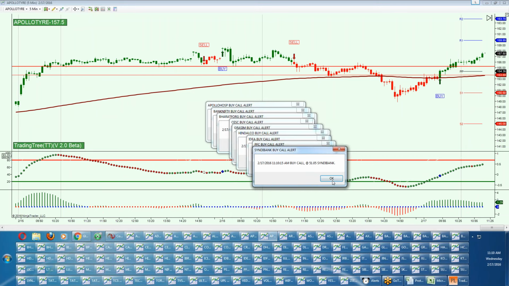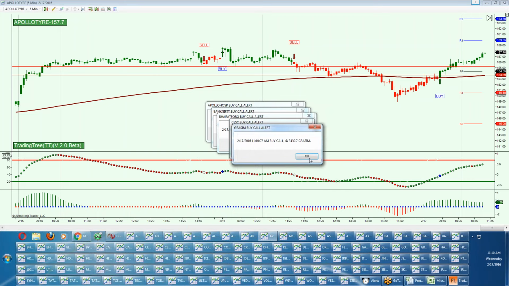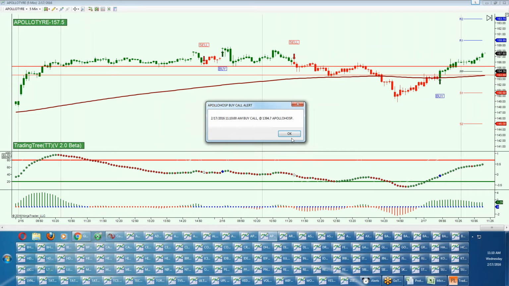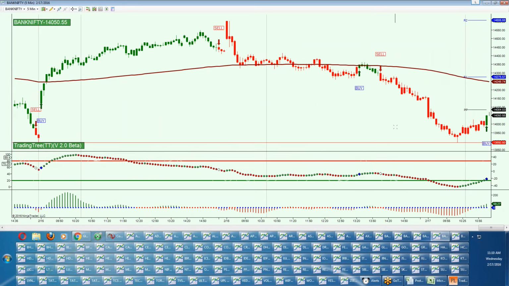PFC already has done all its targets. The safe level for Bank Nifty will be 10140990. Sorry.